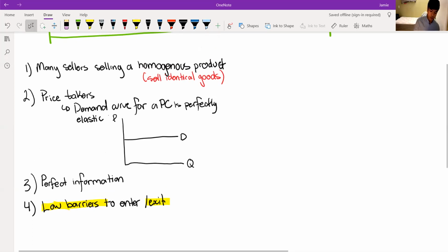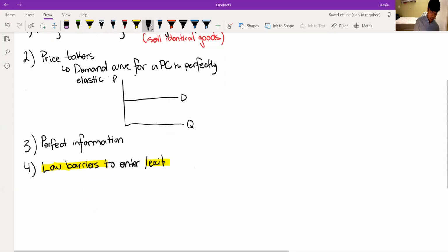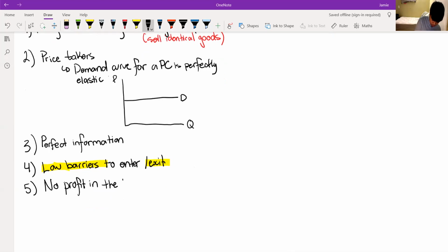Another key important fact is that there are no profits in the long run. And why is that the case? Well, it relates to the above assumption.